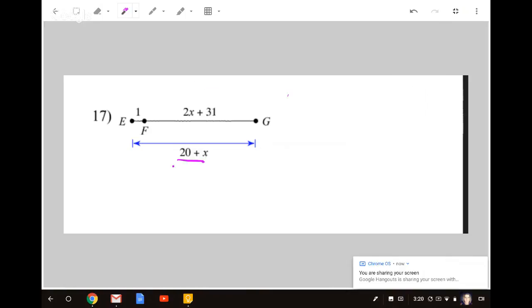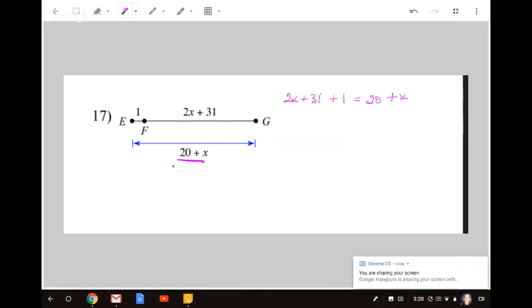You're going to do 2x plus 31 plus 1 equals 20. Oh, sorry. 20 plus x. Okay. And then, so the only difference is you've got variables on both sides of your equal sign. Right.